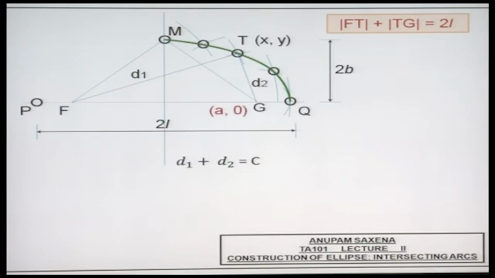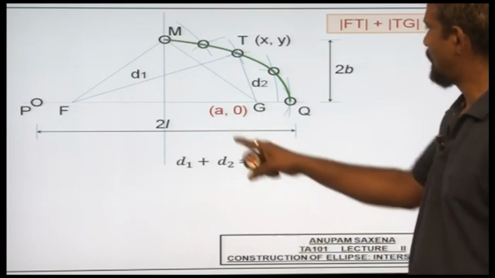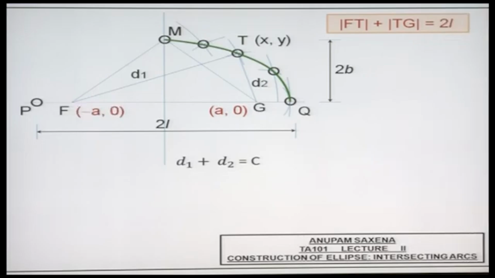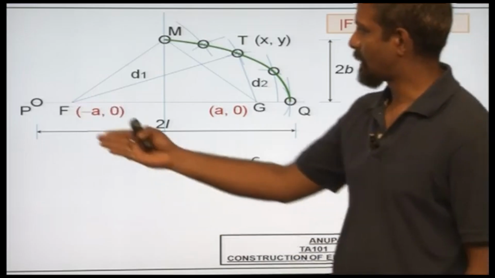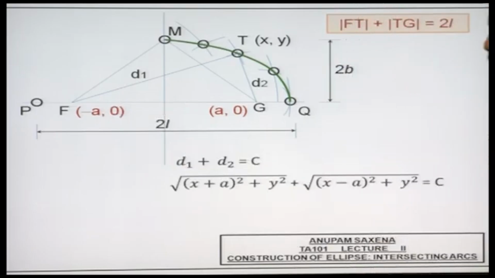Now, for a simple case, if I choose G such that it has coordinates (a, 0), then F would have coordinates (−a, 0), with the origin as center.